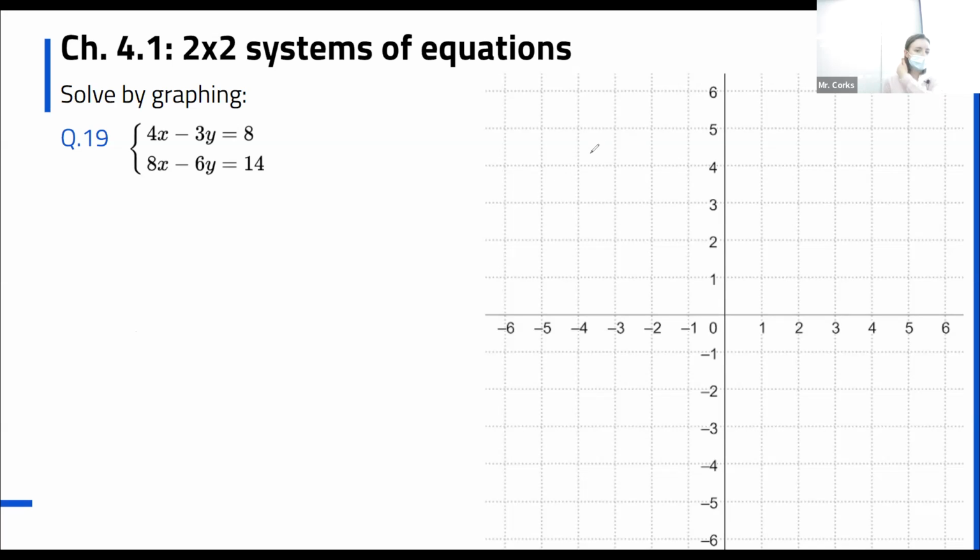Okay, so let's try to use intercepts. Firstly, we can choose x equals 0. So we'll have minus 3y equals 8 and minus 6y equals 14.